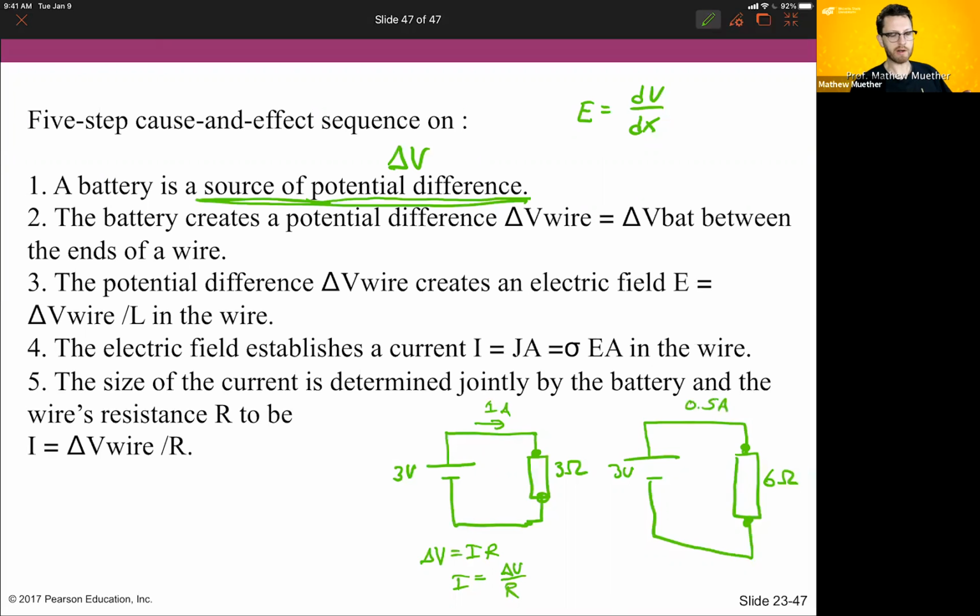The battery just provides the current associated with the resistance that's available throughout the circuit. This is a point of confusion for some students: batteries, especially ideal batteries, are sources of constant potential difference, or constant voltage, not constant current sources.